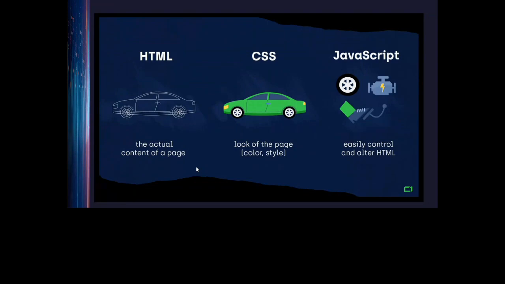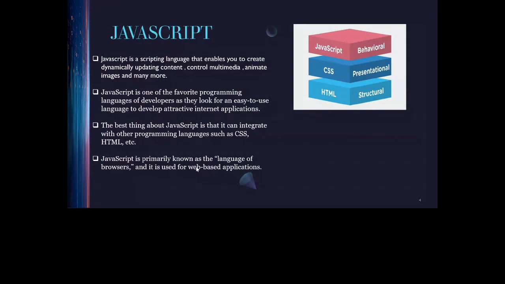Now coming to the next, what is JavaScript? JavaScript is a language that enables you to create dynamically updating content, which I discussed earlier. For example, if we are making a stopwatch app, we are updating values, and this use case can be implemented using JavaScript.